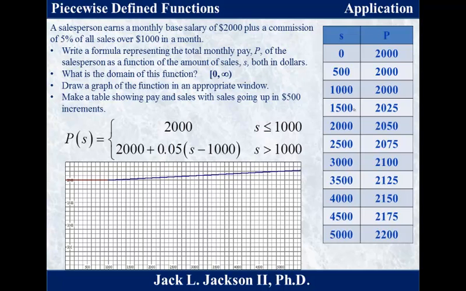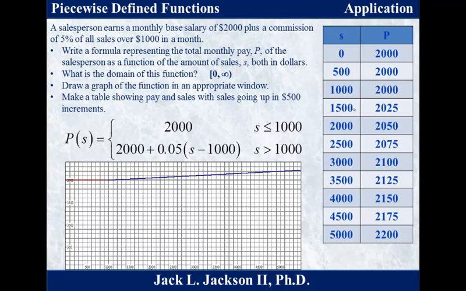Still in a nice connected manner, but now the salary starts to go up with a constant slope of 0.05, a constant rate of change. That's linear, and so we see a horizontal piece followed by a linear piece with slope 0.05. And of course, 5%, I'm going up in increments of 500. 5% of 500 is $25.